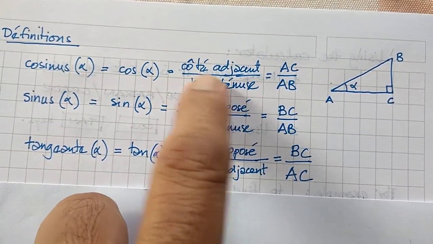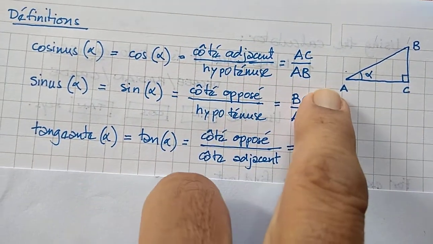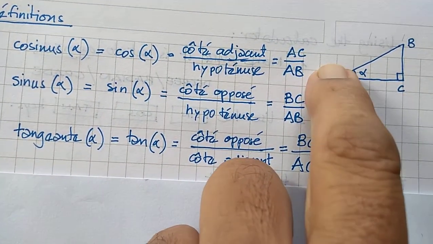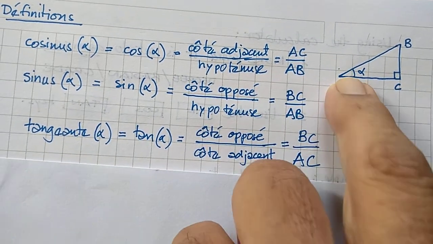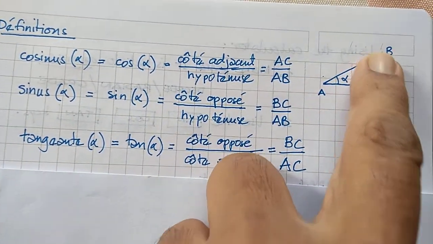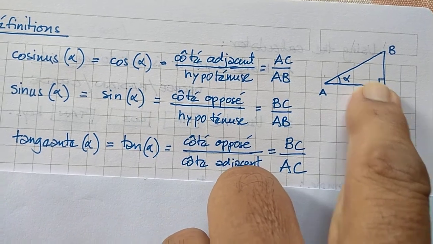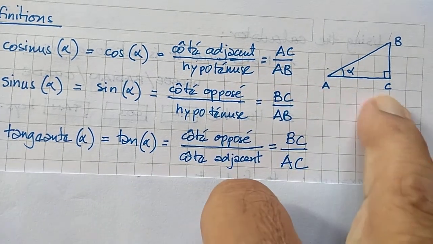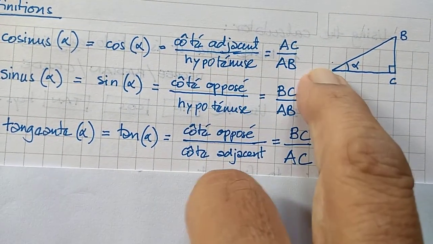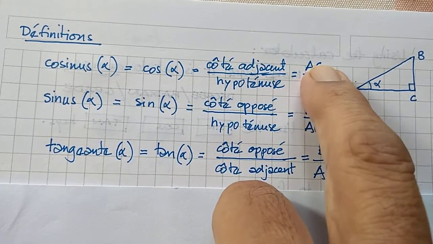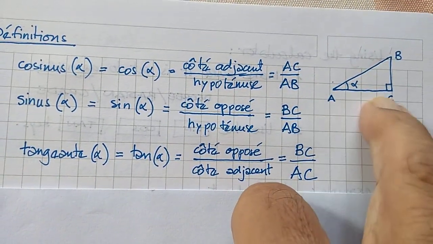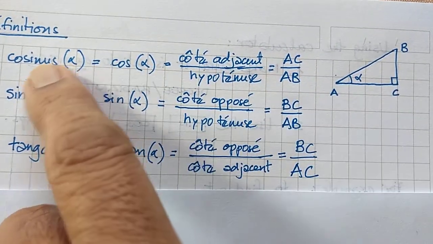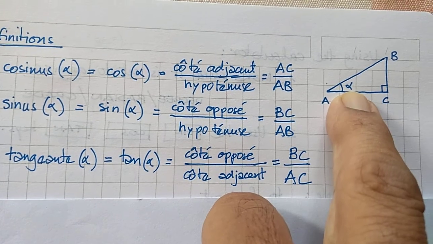So this is defined as côté adjacent, the adjacent side to the angle, over the hypotenuse. Hypotenuse, we know, in a right triangle is the side opposite the right angle, so it's the longest side. So in this case, côté adjacent, c'est AC divisé par hypotenuse AB. So this ratio in a triangle rectangle ACB, AC sur AB, is called cosinus alpha, where alpha is this angle.